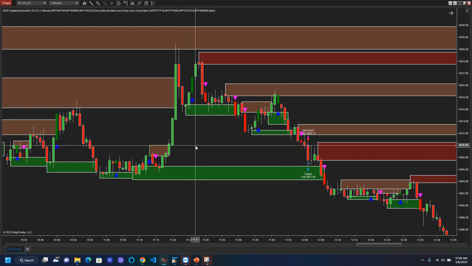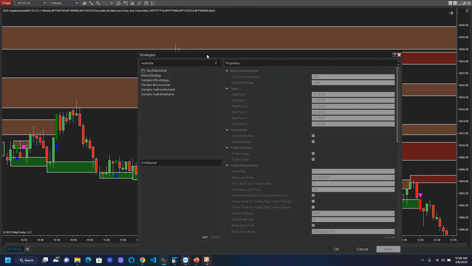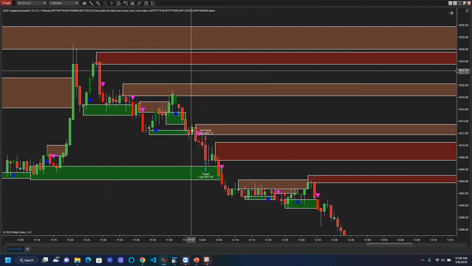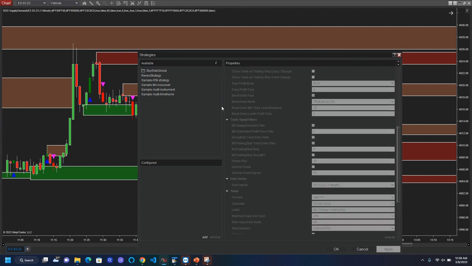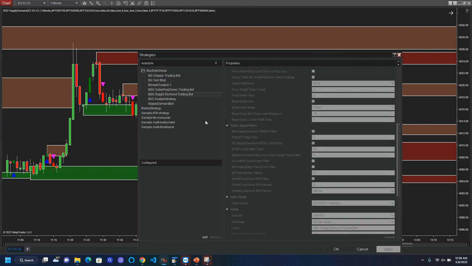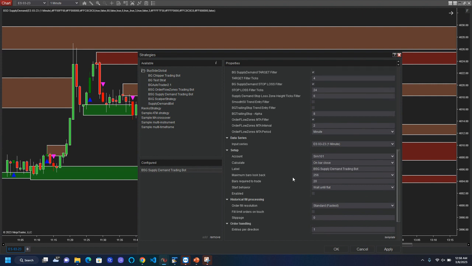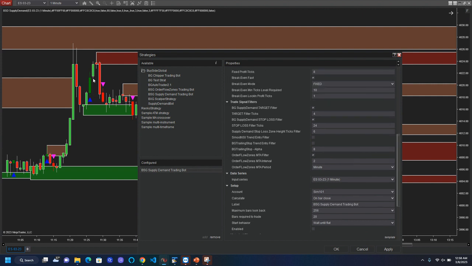Okay, let me go to the strategy before that so that we can understand. Actually, I'm going to pull this side here and then I'm going to explain. All right, so when I said risk versus reward, I'm talking about these two filters, the target filter and then the stop loss filter.